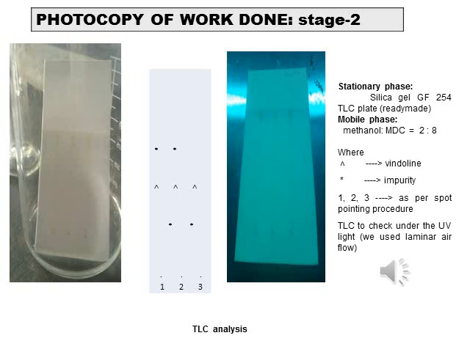Here the arrow symbol marks Vindolin, the star marks impurity, and 1, 2 and 3 are spots pointing to the procedures. To check TLC under the UV light, we use the laminar airflow.